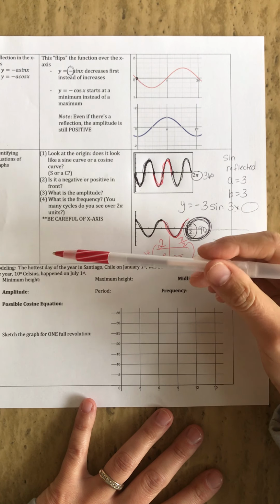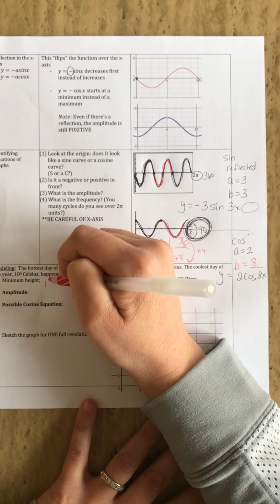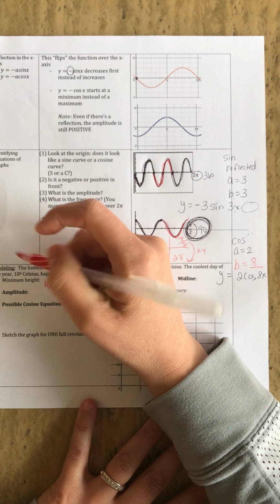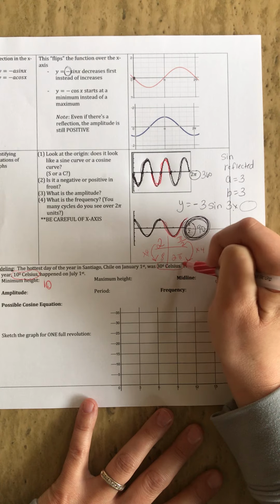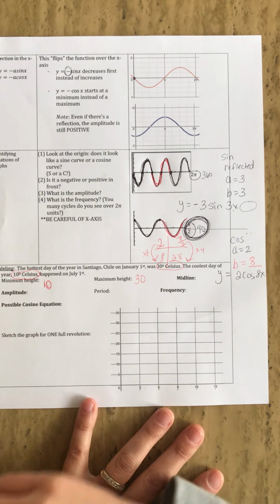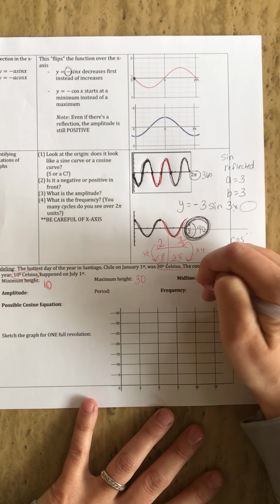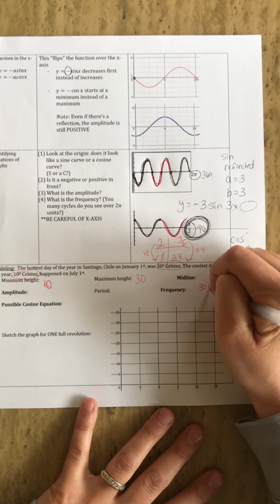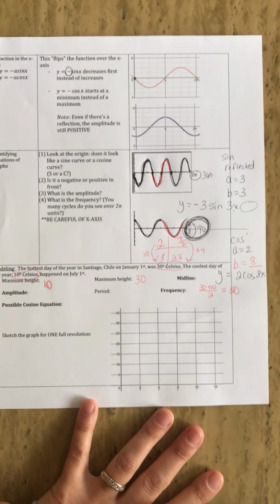Okay, so you guys can see that the min is going to be 10, the max is going to be 30. Your midline is halfway between, so you can add those up and divide by 2, and we're going to get 20.